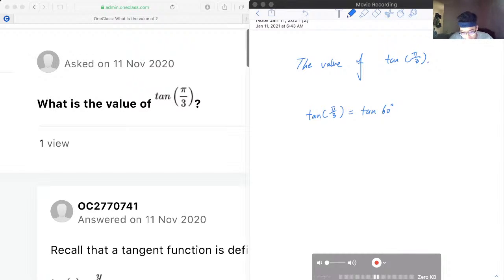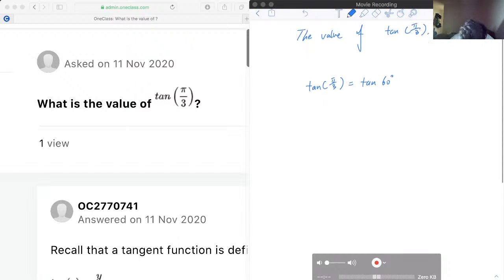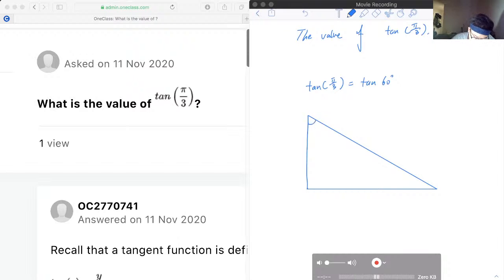So tangent pi over 3 is equal to tangent 60 degrees. And since we have 60 degrees, we need to think about the special right triangle, which has the interior angles at 60 degrees, 30 degrees, and 90 degrees. And its sides follow a ratio 1, 2, and root 3. Or say 1x, 2x, and root 3x.